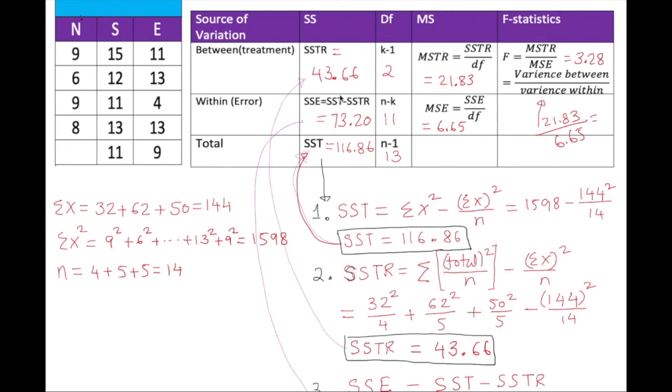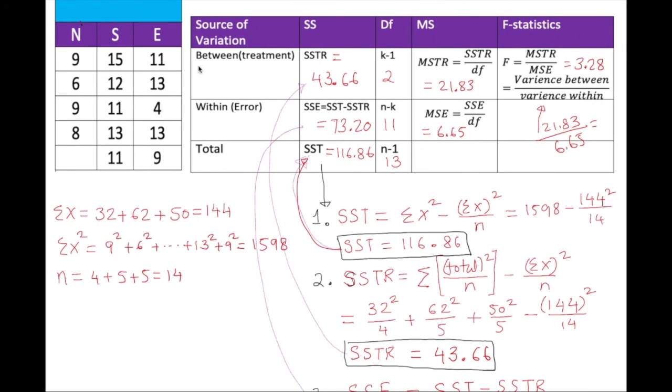So we subtract this one from that one, and we get 73.20. Now the degree of freedom is 2. K is the 3 categories, 3 minus 1 is 2. And n is the total sample size, which is 5, 10, 14, or you just add this up individually. So it's 14 minus k, which is 3, is 11.